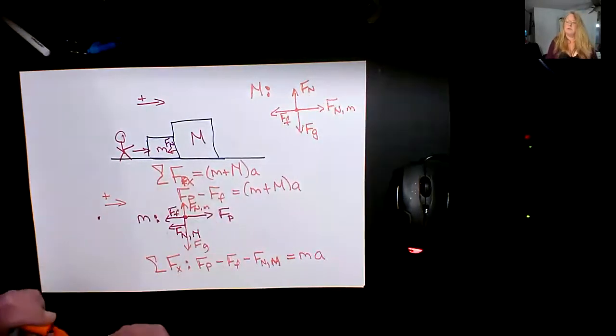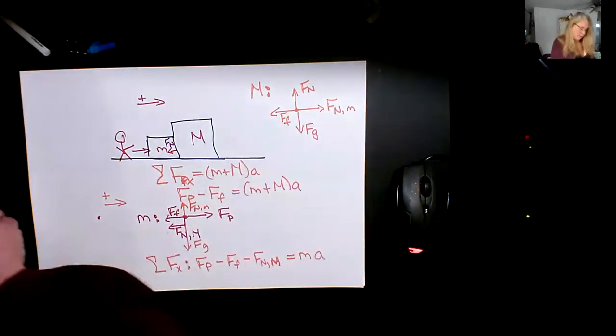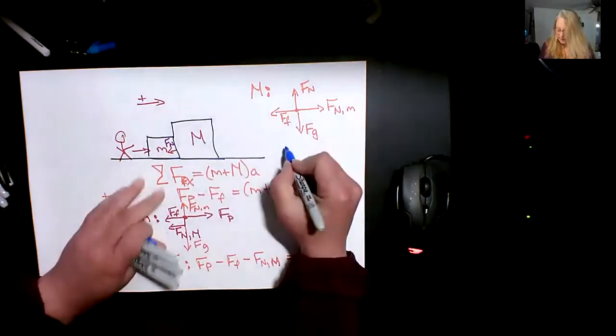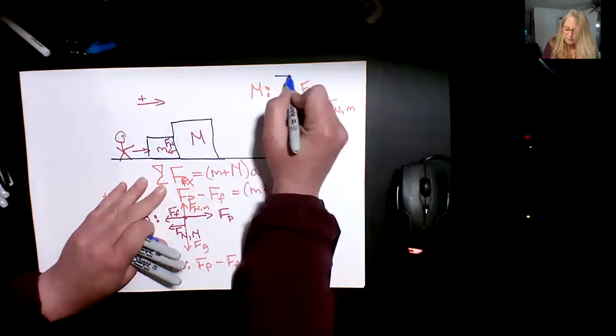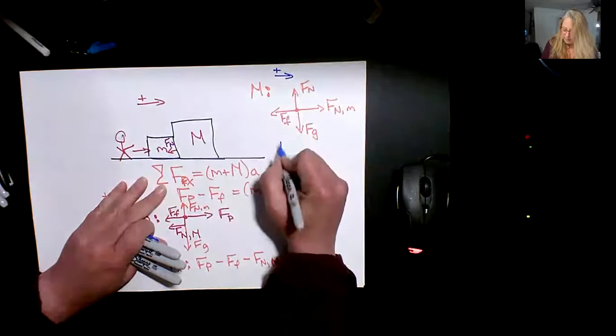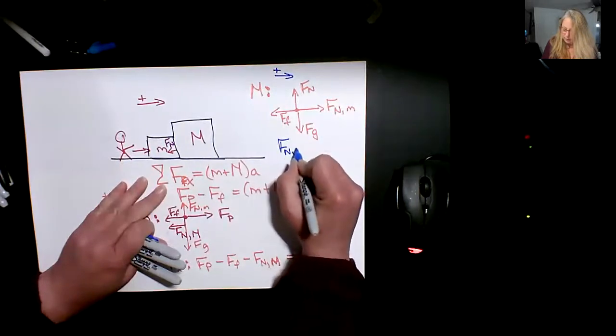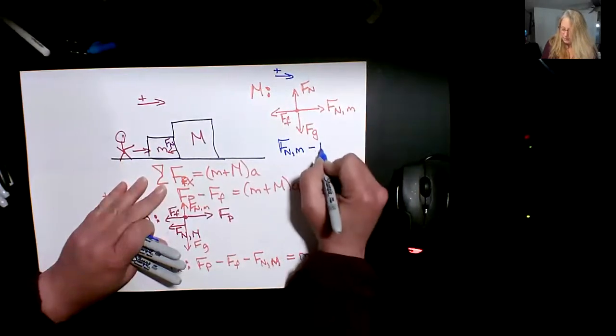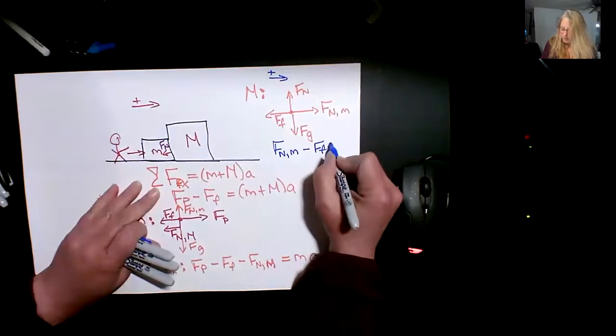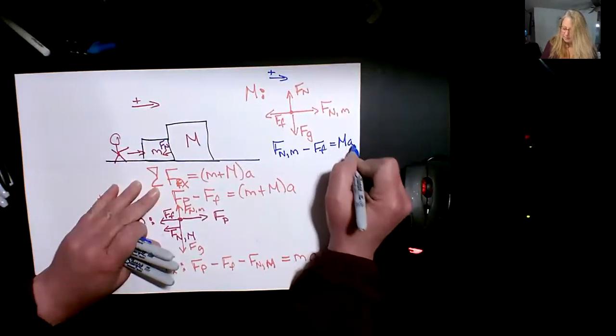It's a flat surface, so it's straight up. So my summation of forces here gets a lot prettier. If I go this way as positive, that says I have a force normal from little m minus the force of friction equals big M times A.